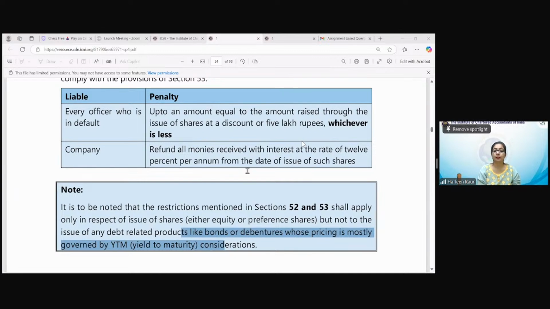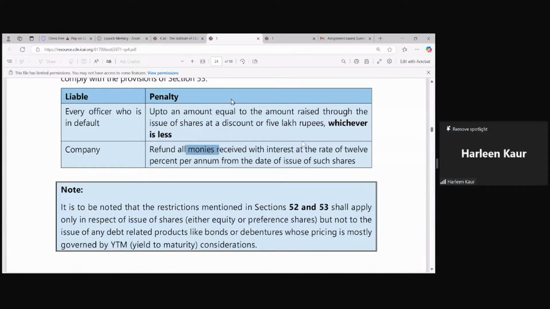Let's assume the amount the company has taken is 50 lakh. So it will refund the entire 50 lakh and also pay interest at the rate of 12% per annum from the date of issue of such shares.